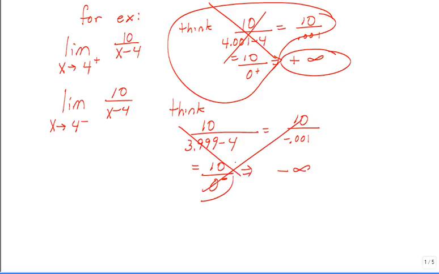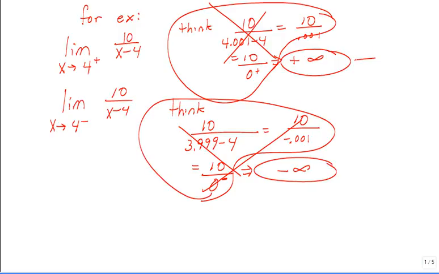Again, this is what you think. My answer is infinity, or negative infinity. Okay, but don't write that down, because that doesn't make any sense. Infinity isn't a number, so you can't really work with it as if it was a number. You have to just think about it.